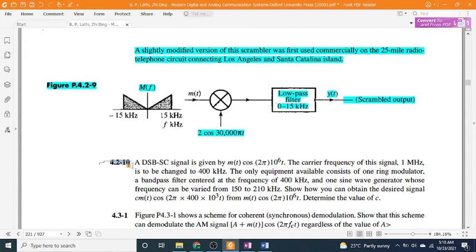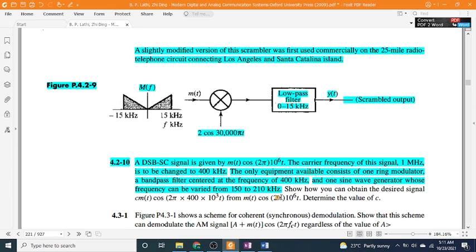Problem 4.2-10: a DSB-SC signal is given by m(t) cos(2π × 10^6 t). The carrier frequency of the signal, 1 MHz, is to be changed to 400 kHz. The only equipment available consists of one ring modulator, a bandpass filter centered at the frequency of 400 kHz, and one sine wave generator whose frequency can be varied from 150 to 210 kHz.